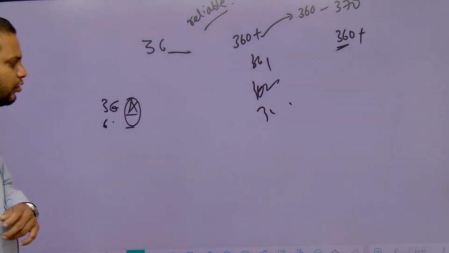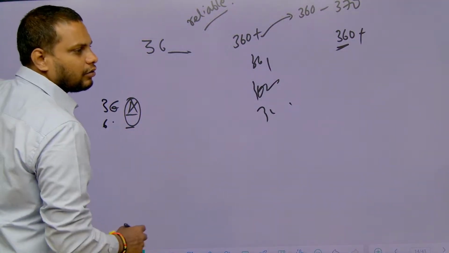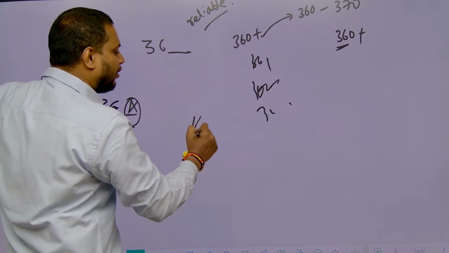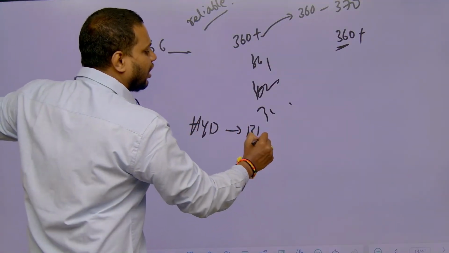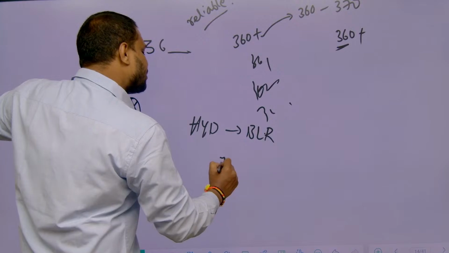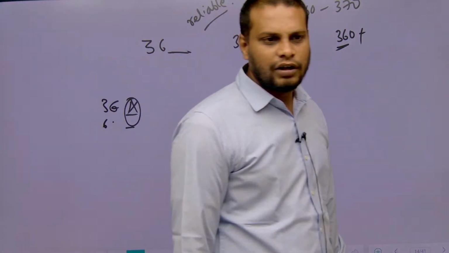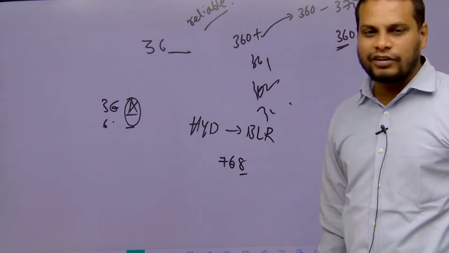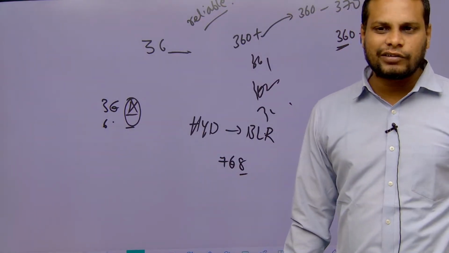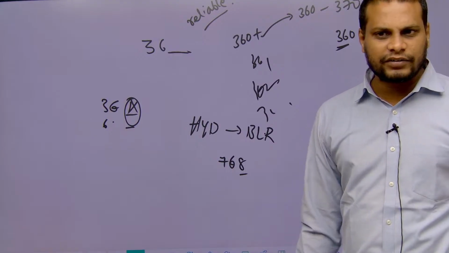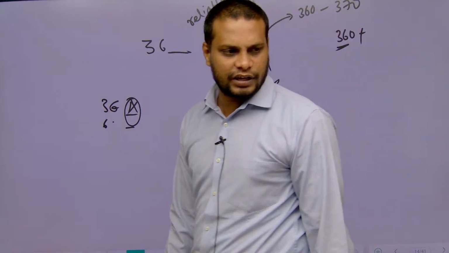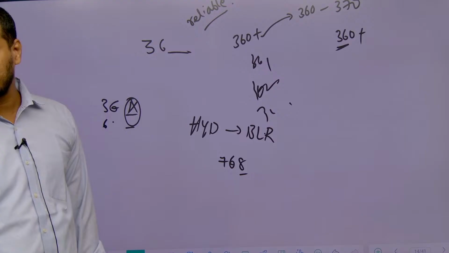Now suppose I take the Hyderabad to Bangalore distance. The Hyderabad to Bangalore distance is 768 kilometers. Are you clear? But there is an ambiguity in the last digit, because from where to where did we take the distance? In Bangalore many places are there. In Hyderabad also many places are there. Now where to where did we take the distance?